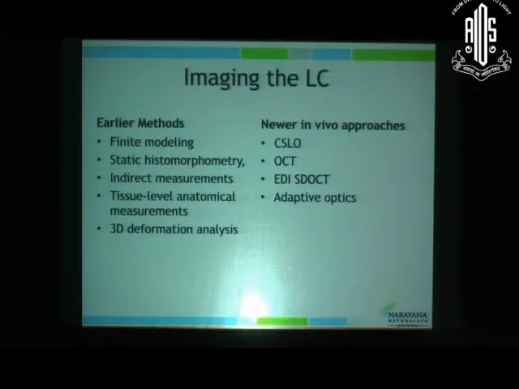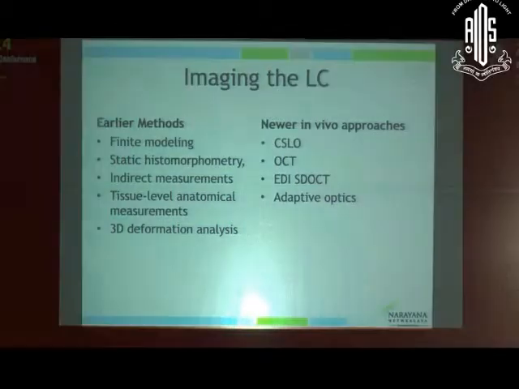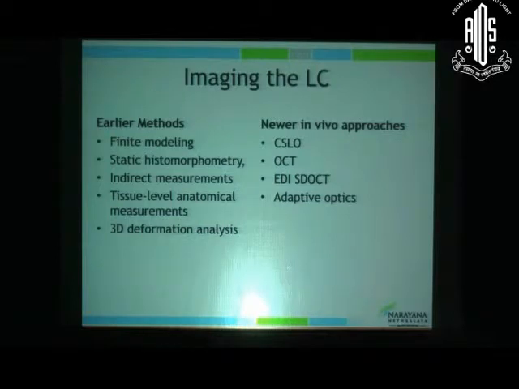So multiple methods of imaging the lamina cribrosa have been tried. Most of them have initially been, let's call it, lab-based, where they've looked at various techniques like histological assessment, finite element modeling, second harmonic imaging and 3D deformation analysis. So they've actually constructed models and then worked on them.